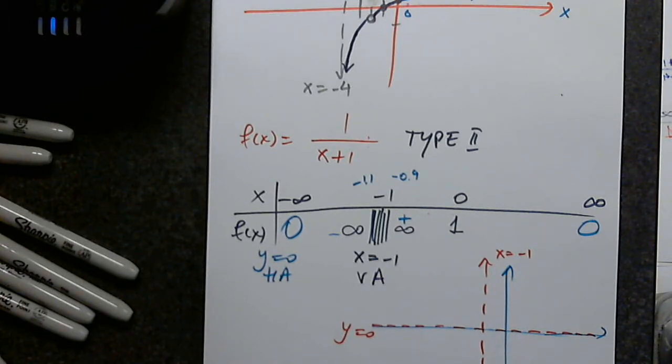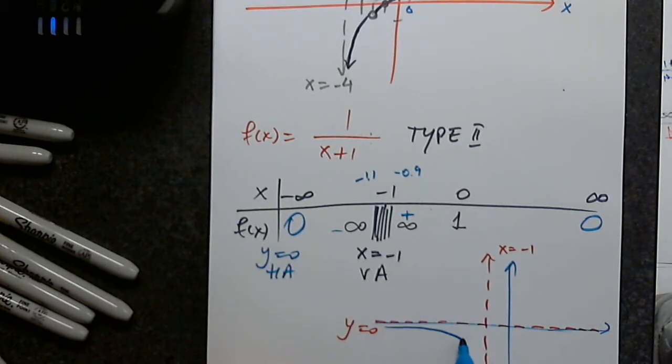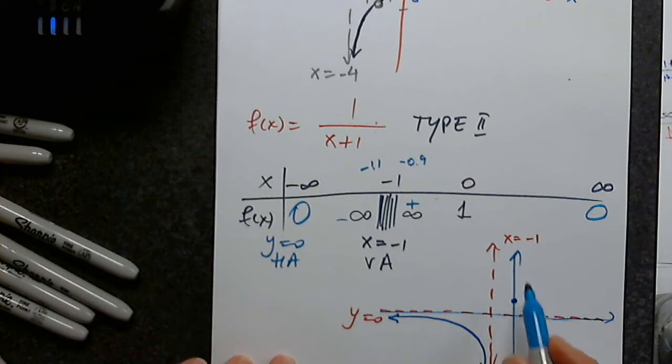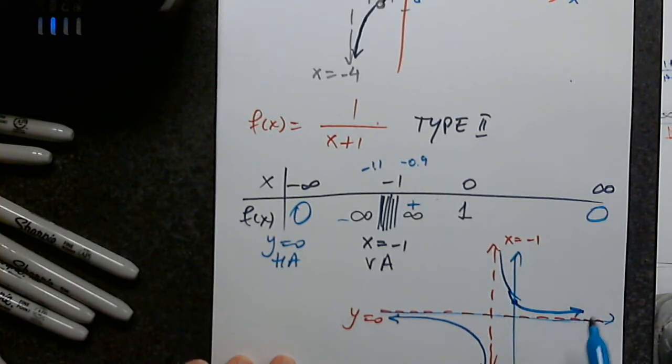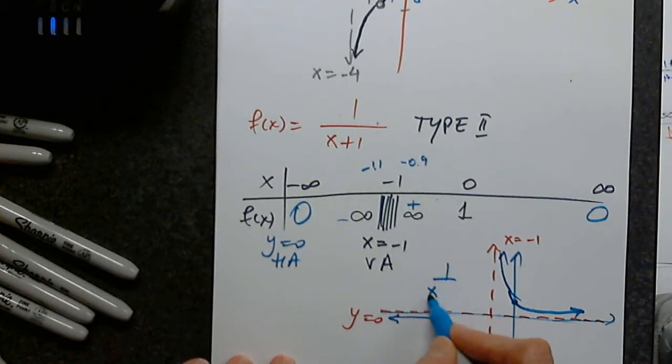On the other side, it's coming from positive infinity. It crosses the y-axis at (0, 1) and going to, that's it. From 0 to negative infinity. From positive infinity. So this is 1 over x plus 1.